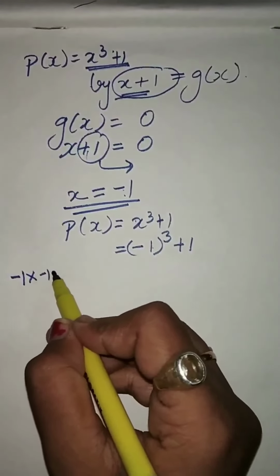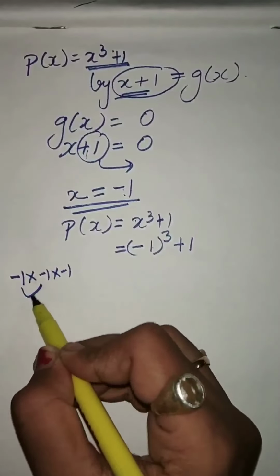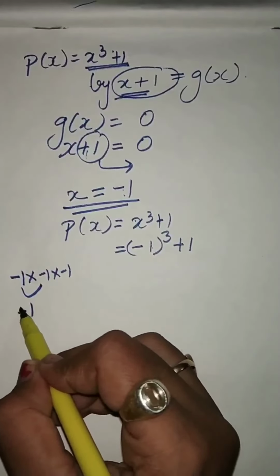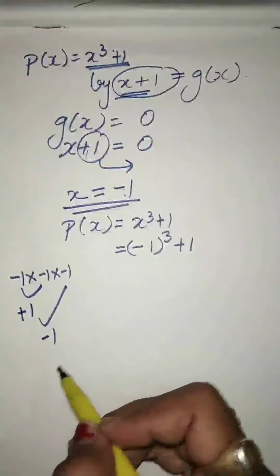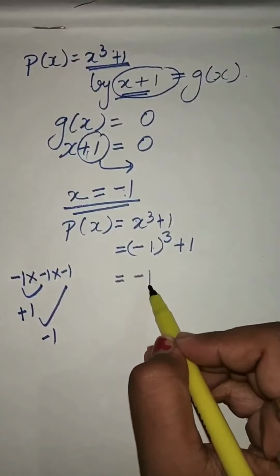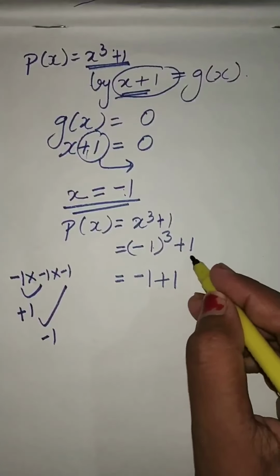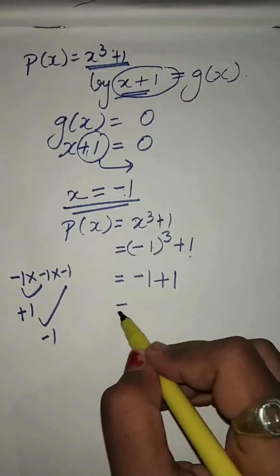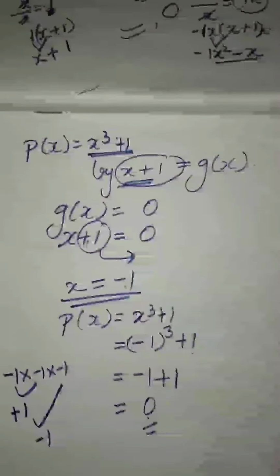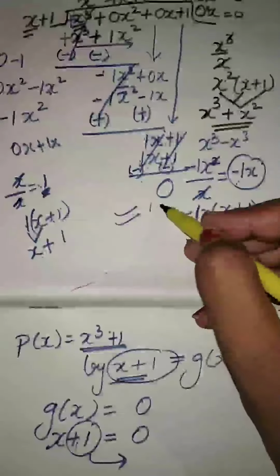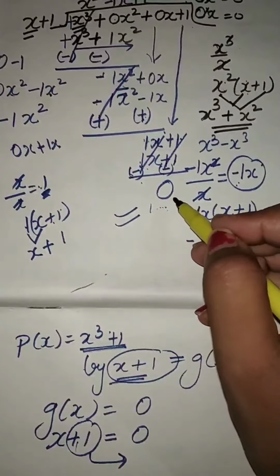Minus 1 into minus 1 will be plus 1. And plus 1 into minus 1, we will have as minus 1. So we will get minus 1 plus 1, and this we have for the plus 1. This will come as 0. So this answer and the earlier answer will come equal. These both will come equal. They will never change.